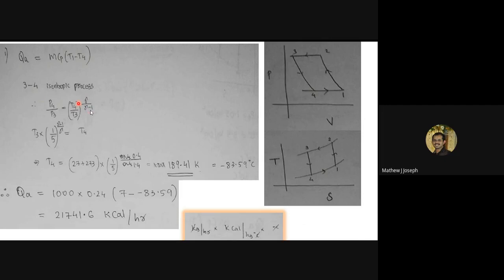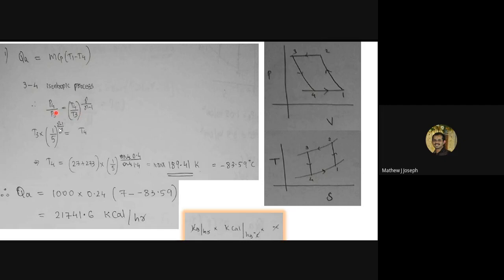Okay, if we cannot remember this by heart, there is no need to remember this by heart. If you can apply this isentropic law, you can derive this simple relationship in the exam hall itself, it is not a big deal.